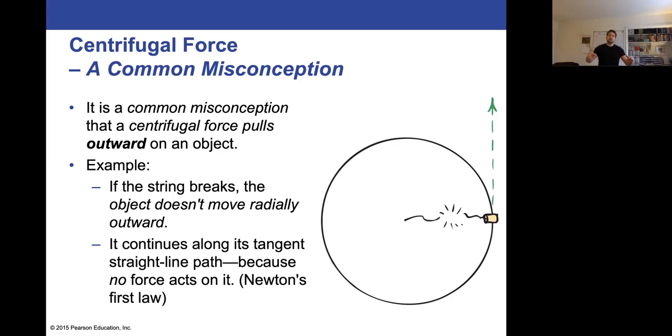But if I let go right at the instant we're traveling up, the clip at the end of the lanyard is just going to travel up. It's not going to go way over there. It's not going to come back around over this way. It's just going to travel up, because as soon as the force from the lanyard stops acting, the force on it is only gravity. So it has some speed and it's just going to go up.